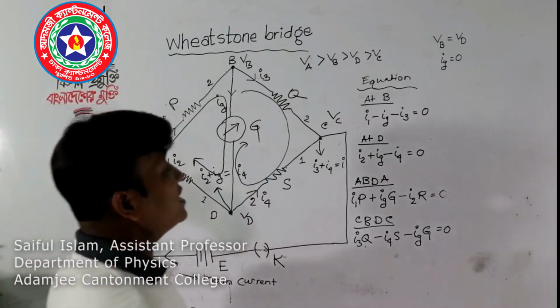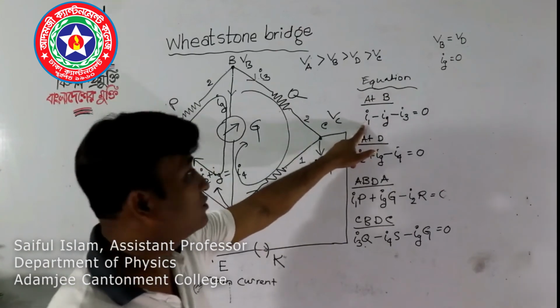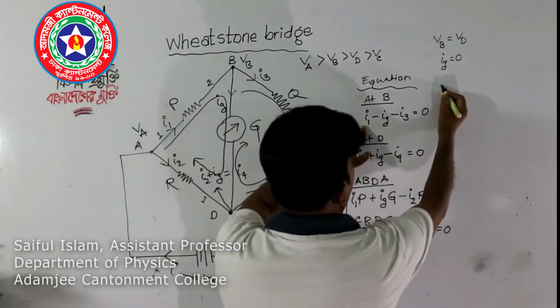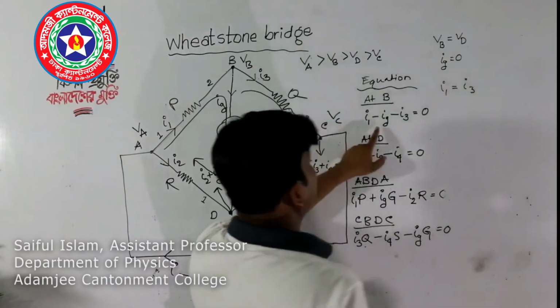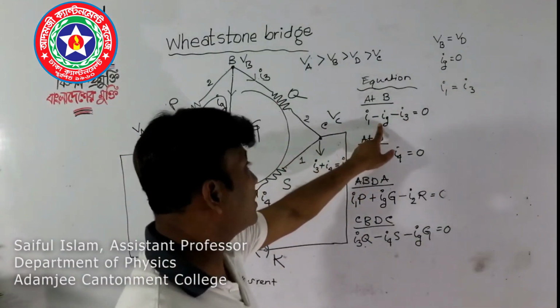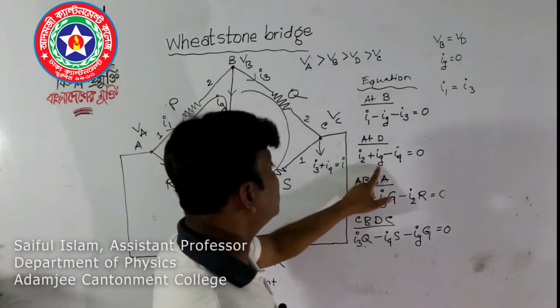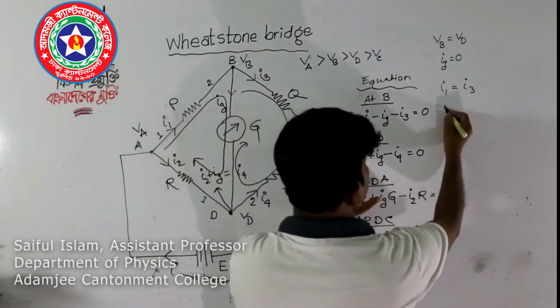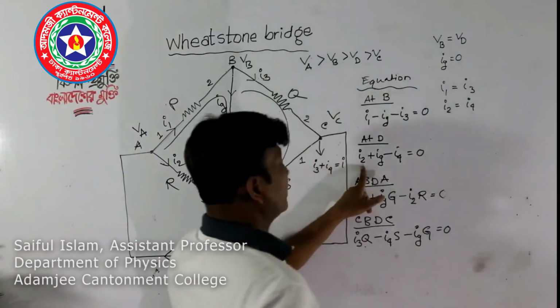Now, taking Ig equals 0 in this equation, we get I1 equals I3. From this equation, as Ig is 0, we can write I2 equals I4.